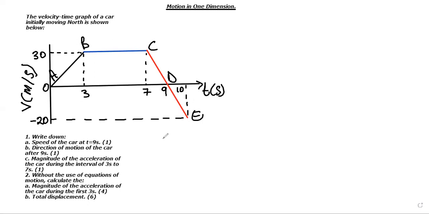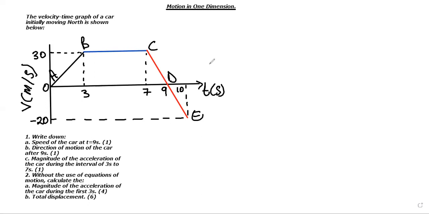So you tell them it's to the south. And then they say, write down the magnitude of the acceleration of the car during the interval 3 seconds to 7 seconds. So remember we said it's moving at a constant velocity. Every time you hear the word constant velocity, it means the magnitude of the acceleration is 0 meters per second squared.